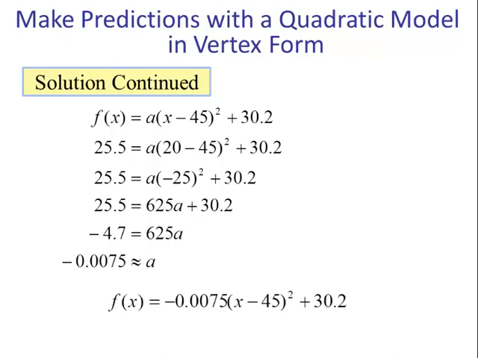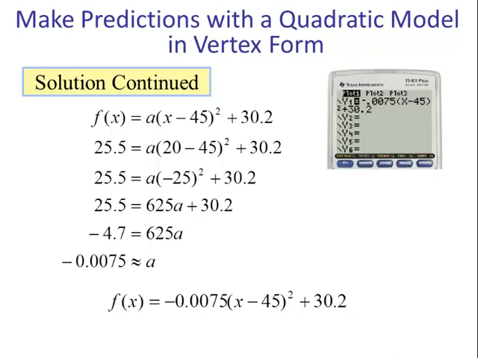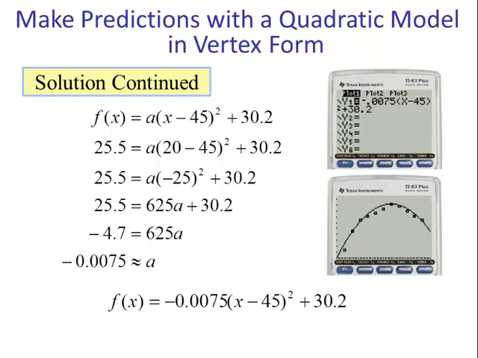So now we have our function. f of x equals negative 0.0075 times x minus 45 quantity squared plus 30.2. To see how well this function models the data, I type in the equation in y1, hit graph, and we see this parabola is modeling the data points well.